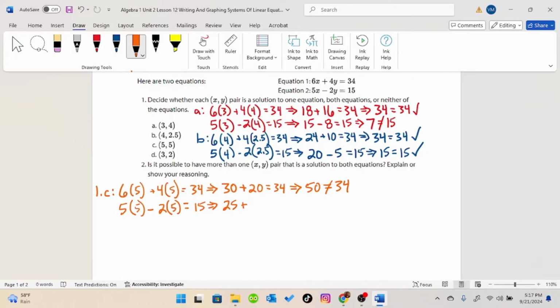Negative 2 times 5 is negative 10. 25 minus 10 equals 15. 15 does equal 15, so number 1C does not solve equation 1, but it does solve equation 2.